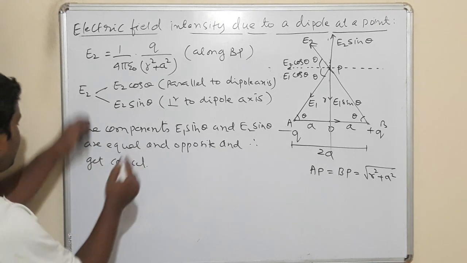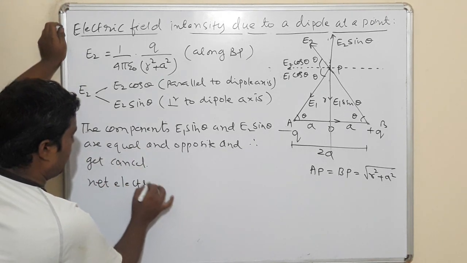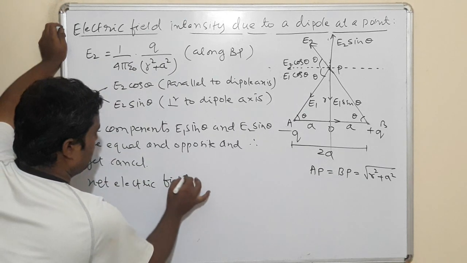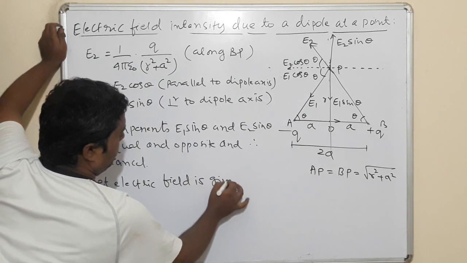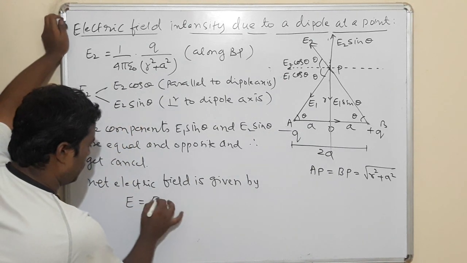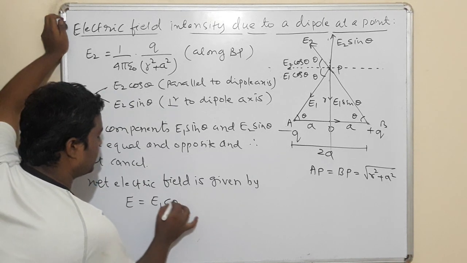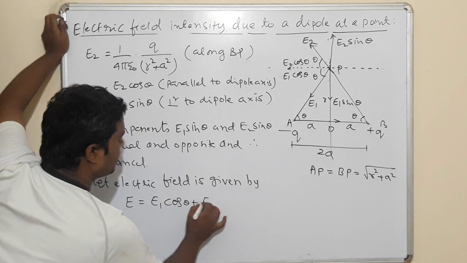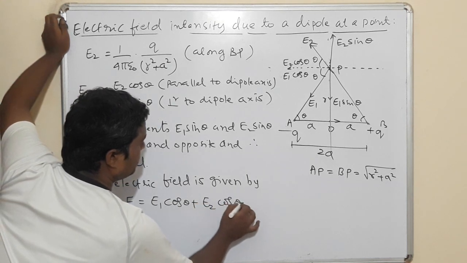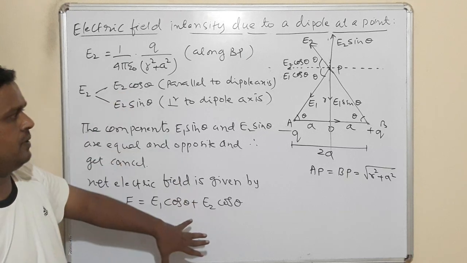Then the net electric intensity, or net electric field, is given by E is equal to E1 cos theta plus E2 cos theta. Now carefully observe the E1 and E2 values.